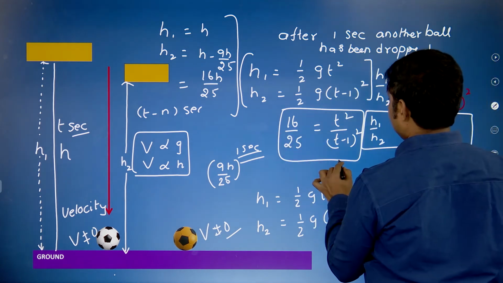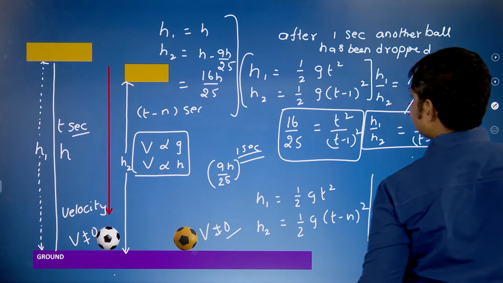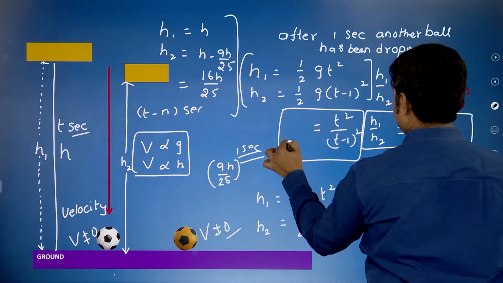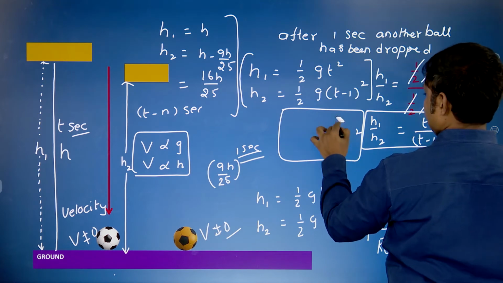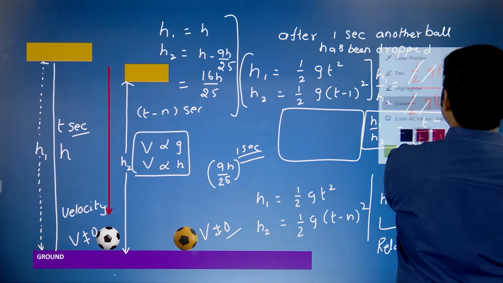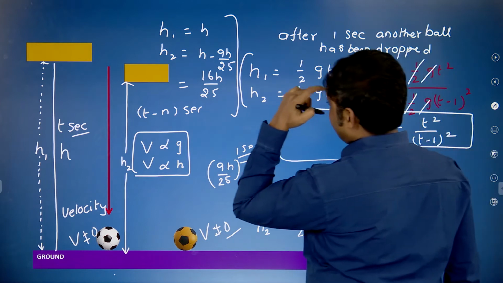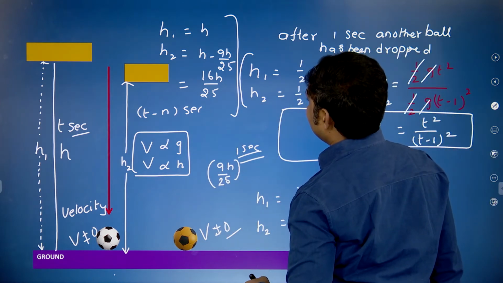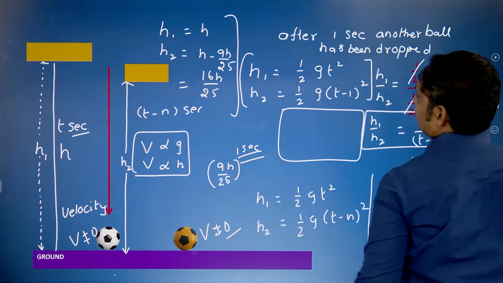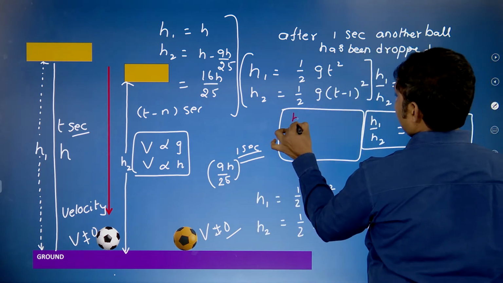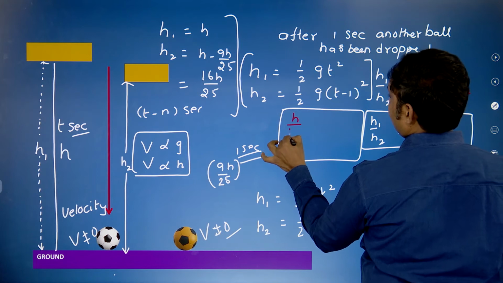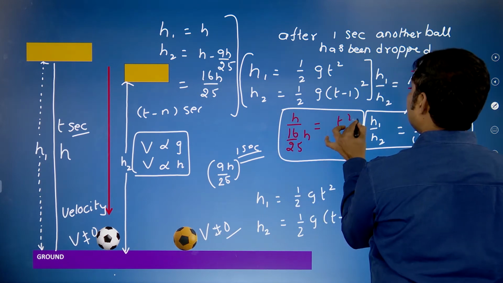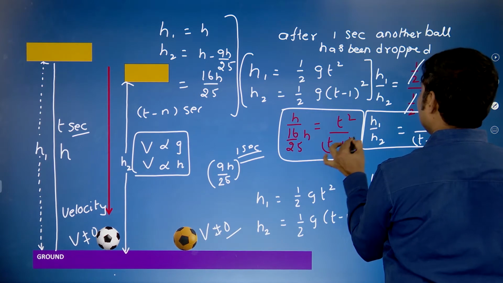Yes, you have to take this relation, that is 16h. Now you can easily find out that 16h by 25h is going to be t square by t minus 1 whole square.